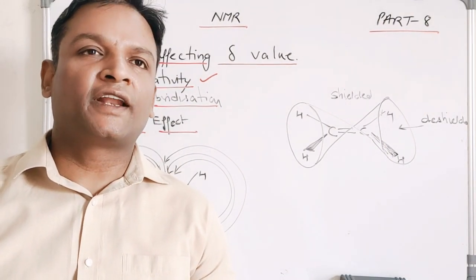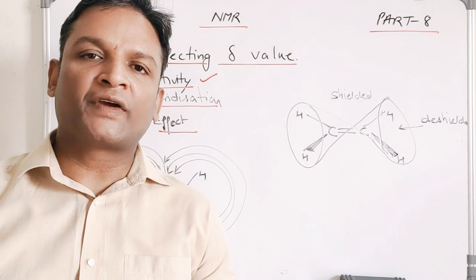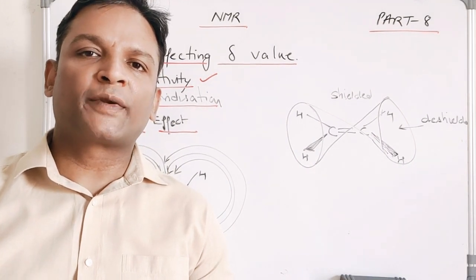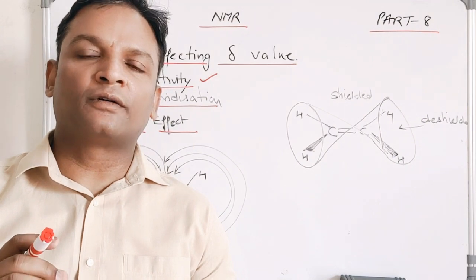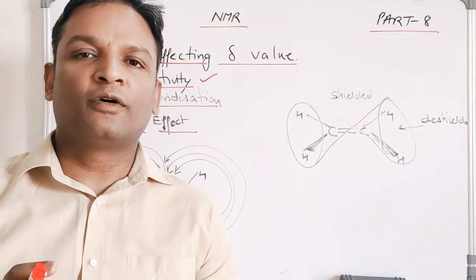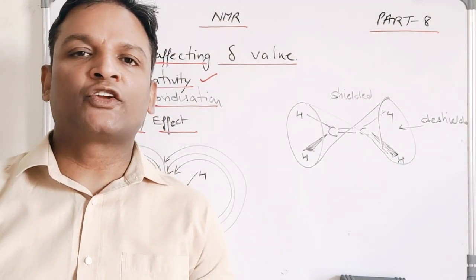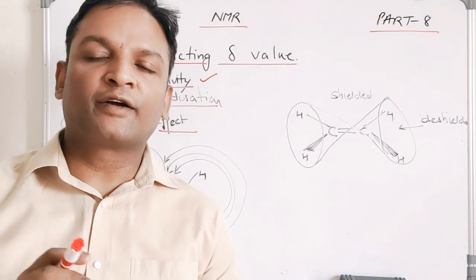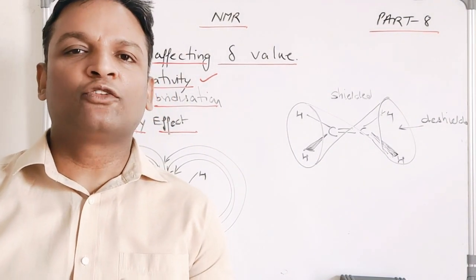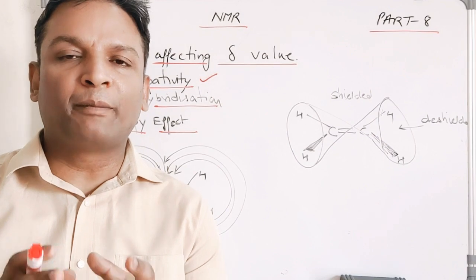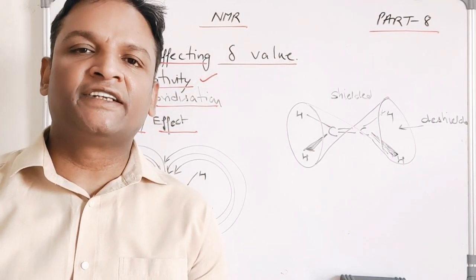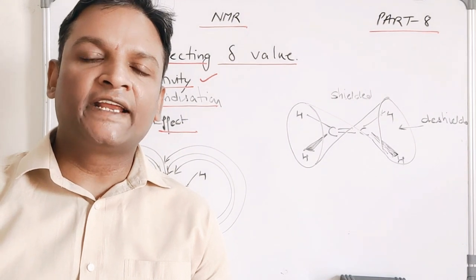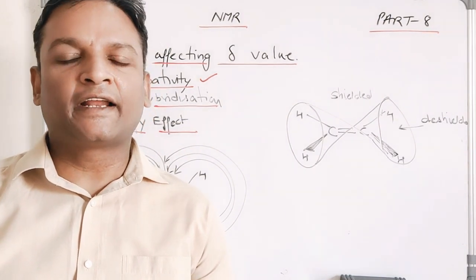So we can think of anisotropic effect in case of alkene, alkyne, aromatic compounds and aldehydic compounds. Alkane also shows anisotropic effect, but mainly we consider it in alkene, alkyne and aldehyde type of compounds.